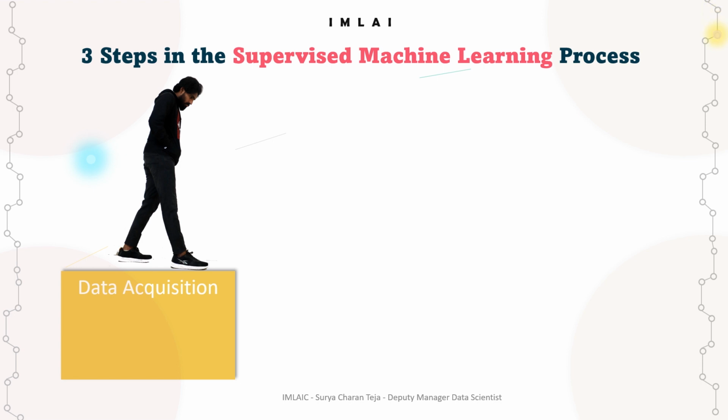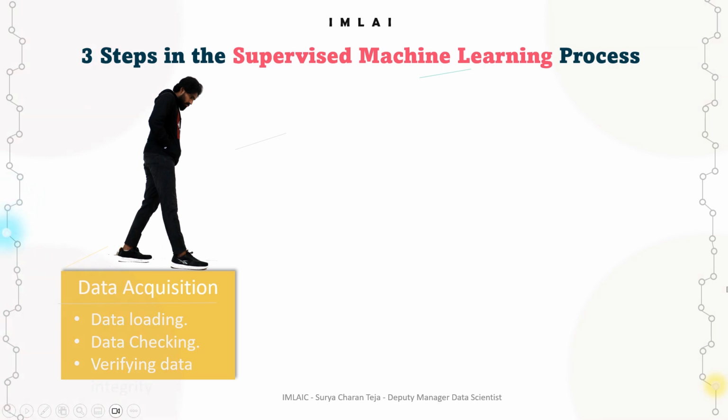Here, obtaining and loading the dataset, checking the dataset's structure and format, then verifying the data integrity and addressing any issues with data loading. That's what fundamentally we do with data acquisition.